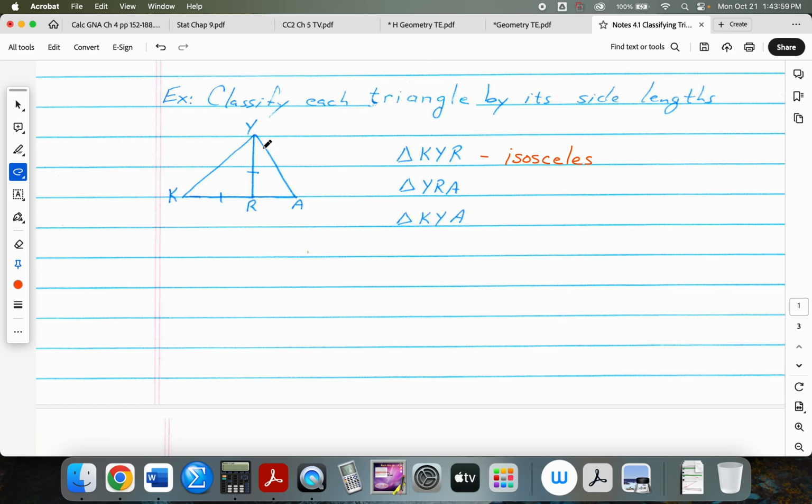Then we look at triangle YRA over here on the right side. It doesn't have two sides that are marked congruent, nor does it have all three sides marked congruent. So what kind of a triangle is this? Scalene, thank you, sir.